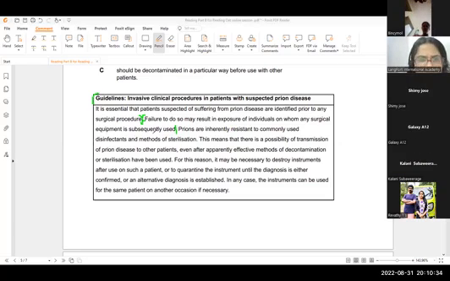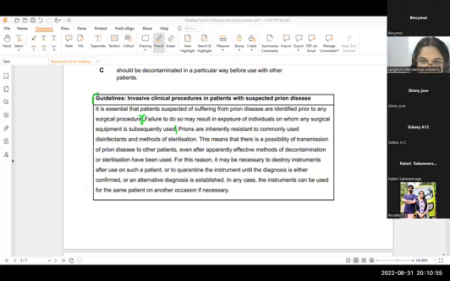We are using a surgical instrument without checking whether the person who used it had prion disease or not. So if we use this on other patients, it may result in exposure to the disease. All right, next sentence, Tindy.